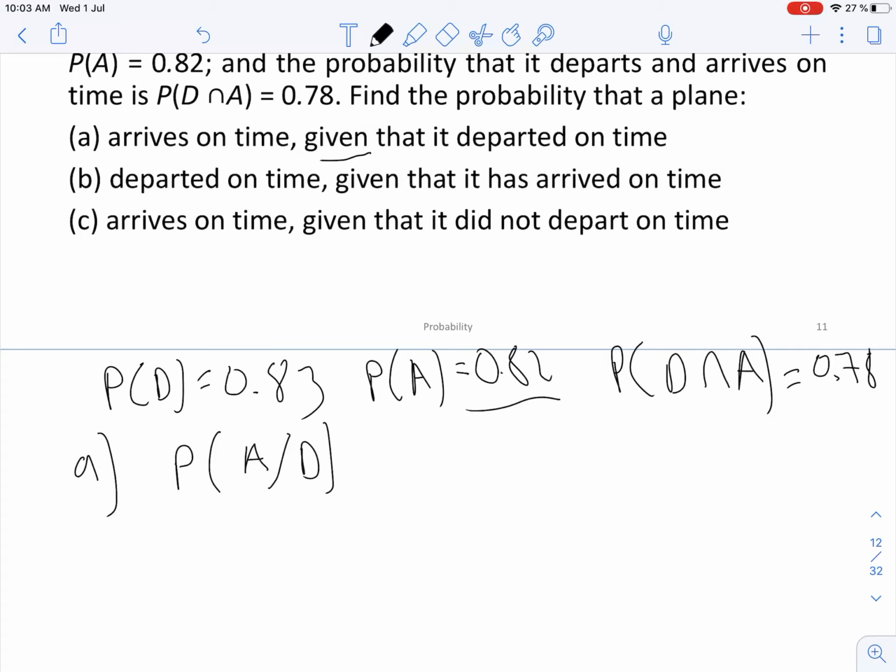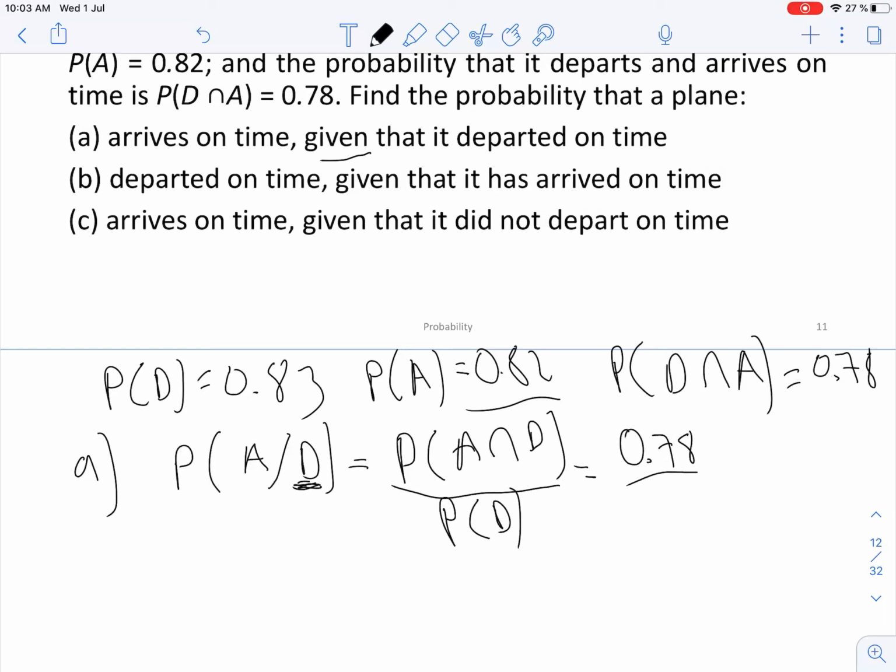So let's see what happens if we know that new piece of information, that the plane has departed on time. So let's use the equation, right? The intersection A intersection D, or D intersection A, is the same, divided by the probability of the event that is known, the one that has occurred, probability of D. Then this information is 0.78 divided by the probability of D, which is 0.83.